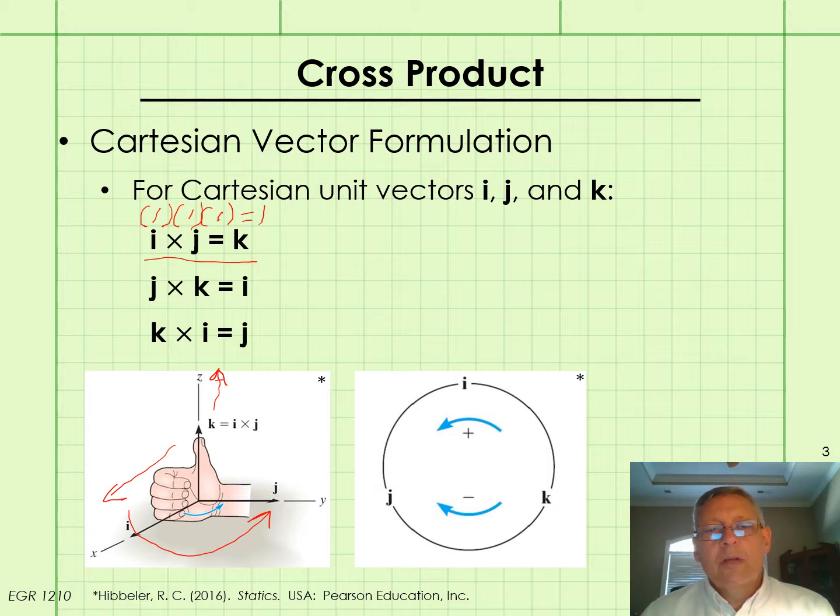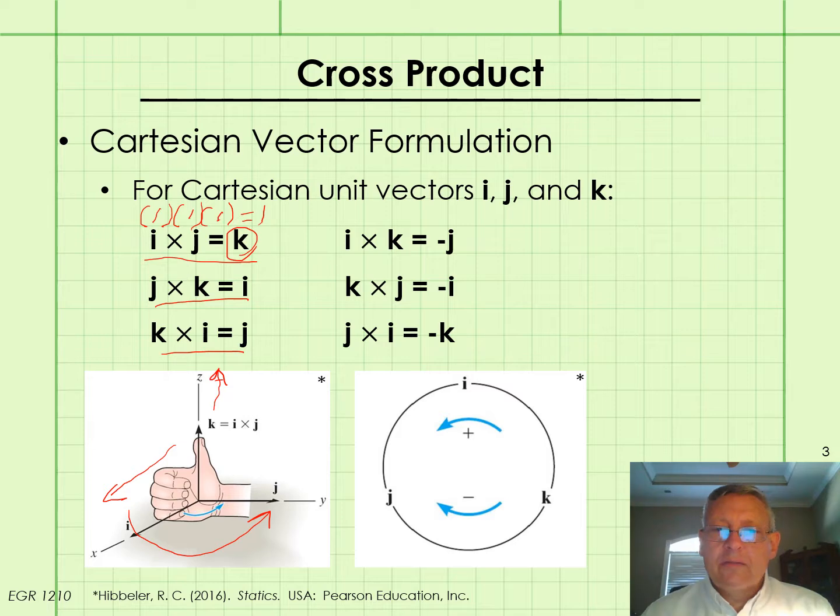Okay, so the result of i cross j is 1k, or just k. j cross k and k cross i are similar.